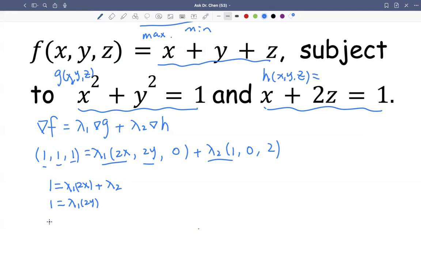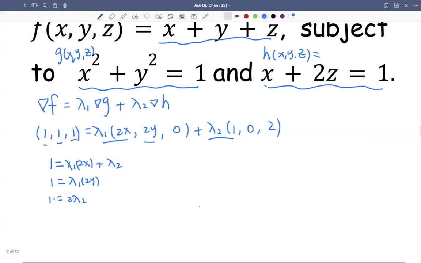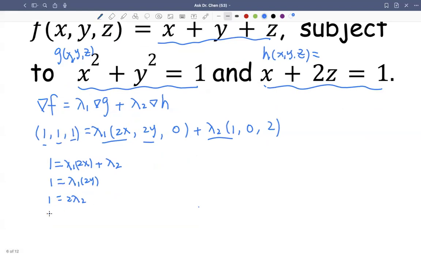Then the third component, 1, equals number 1 times 0, which is 0, plus number 2 times 2, so we get 2 times number 2. So we have these three, and then we want to work with the constraints: x squared plus y squared equals 1, and x plus 2z equals 1.